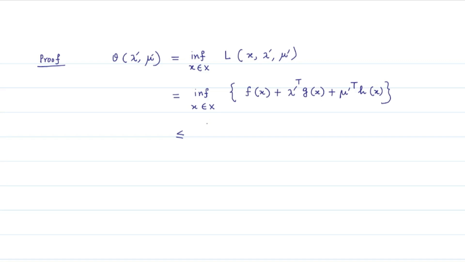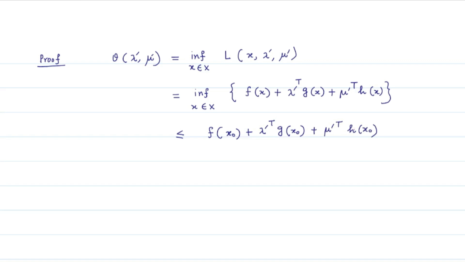Now as the point x naught is given to be a point that is feasible to the primal problem, therefore x naught belongs to capital X. So we can write that this infimum is less than or equal to f(x naught) plus lambda dash transpose g(x naught) plus mu dash transpose h(x naught).